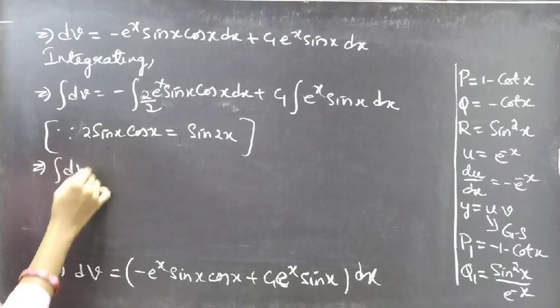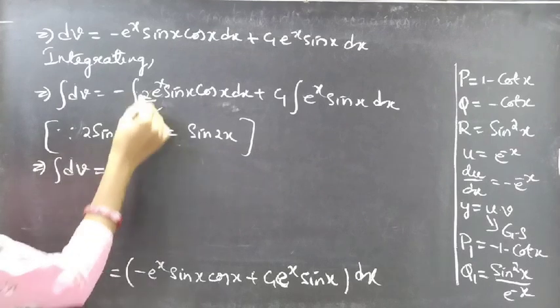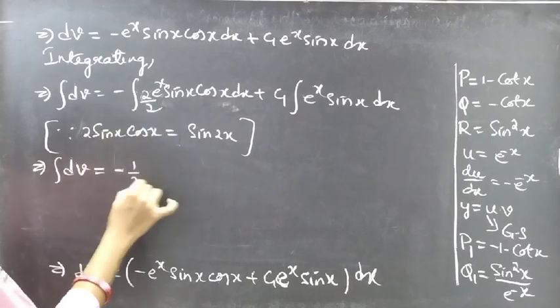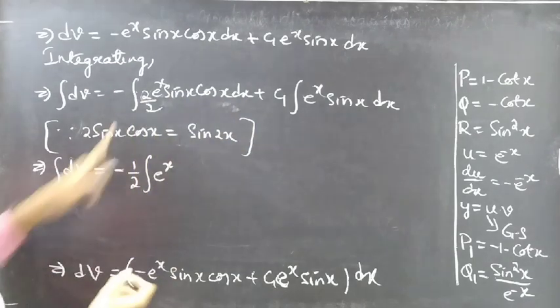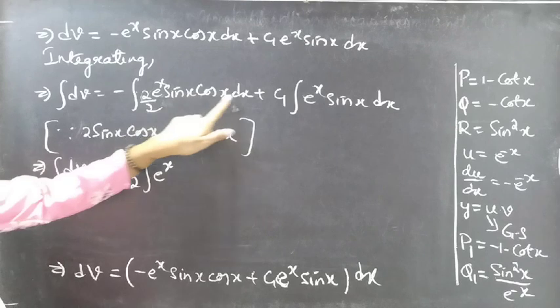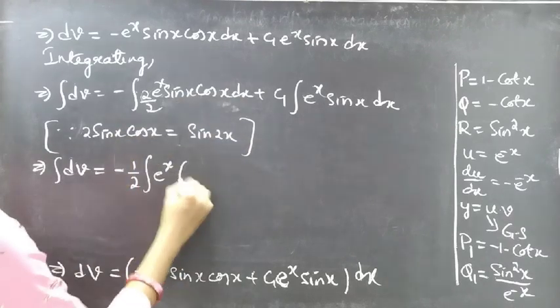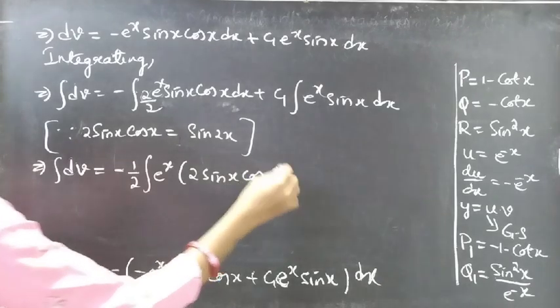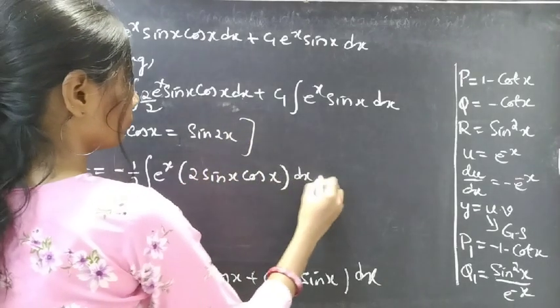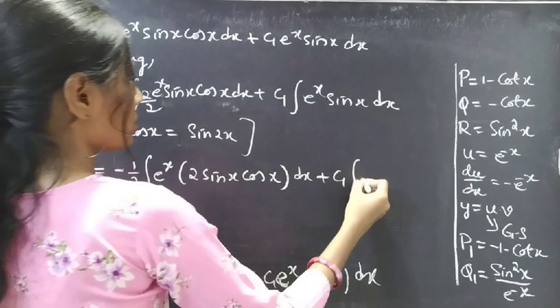Then integral dv equals minus, I'll take 1/2 outside the integral, and I'll write this 2 e^x sin x cos x dx as e^x into 2 sin x cos x into dx. The second term remains the same.